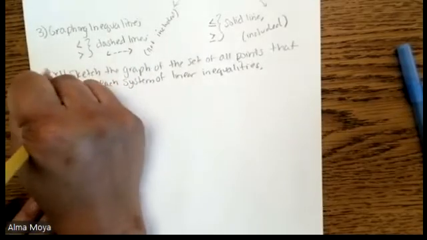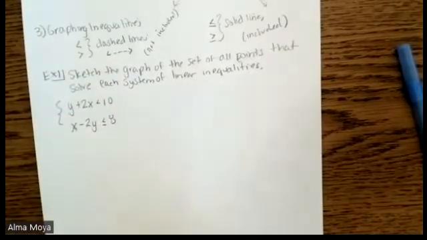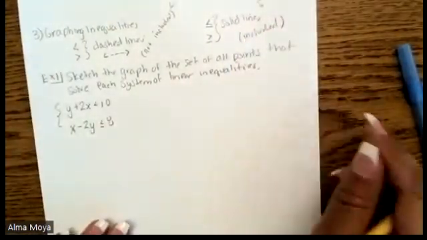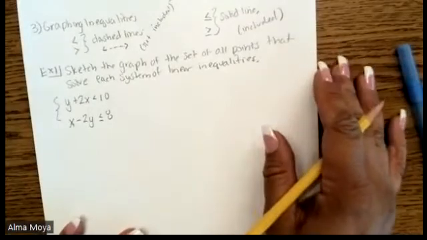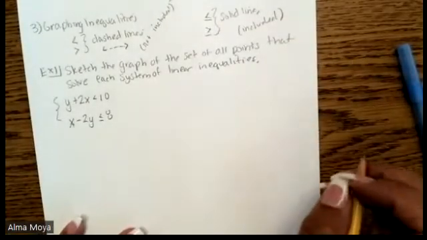So this is different than in the 1.5 notes, because now you want all the points. So now we're looking at the y values, where before we were only looking at the x values.